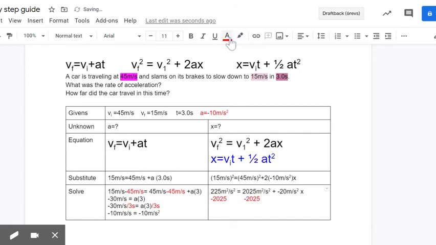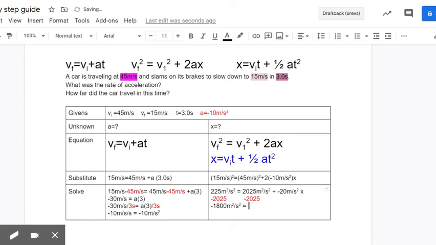And when I do that, my left-hand side is -1800 meters squared per second squared.